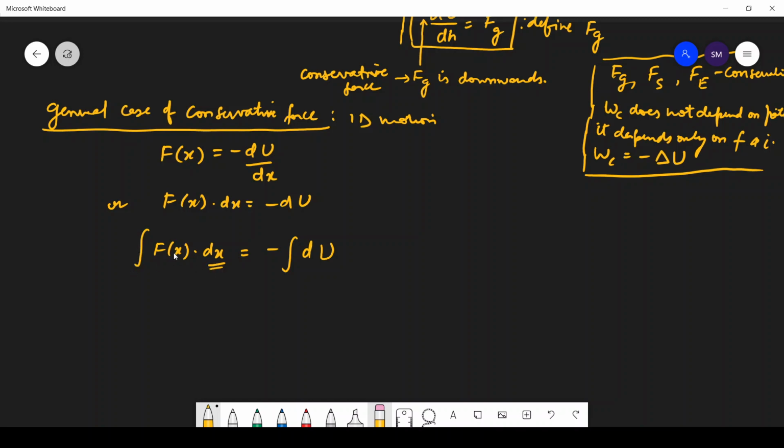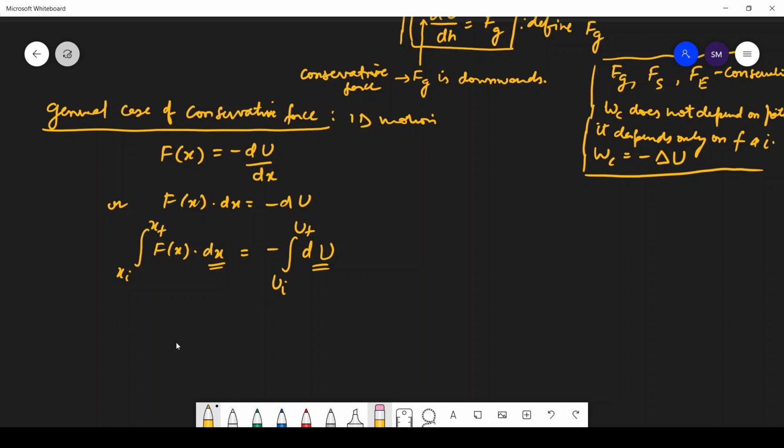That depends. Here the limits depend on the change in position, and here on the change in potential energy. So the limits are from initial position to final position, and for potential energy, the potential energy was Ui and here the potential energy is Uf.